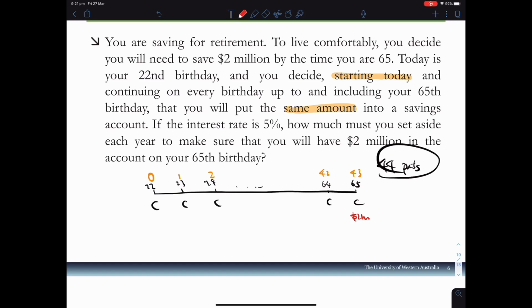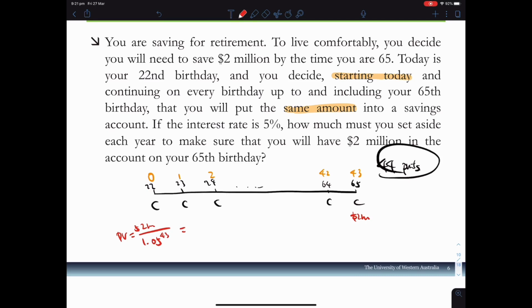So that means the present value of what we want will be $2 million divided by 1.05 to the power of 43, because that's in 43 years' time. Don't get confused with 44 payments, because $2 million will be 43 years from today.